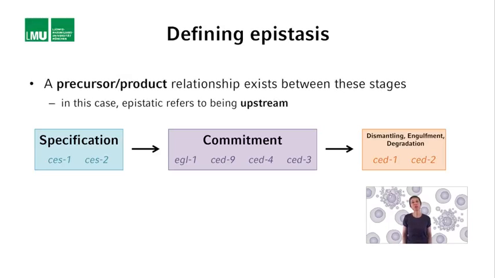A kind of precursor-product relationship exists between these different stages. For this reason, epistatic indicates upstream in this case. The way I look at it is that if the commitment step is defective and no cells ever commit to the apoptotic fate, then it doesn't matter whether engulfment works or not.